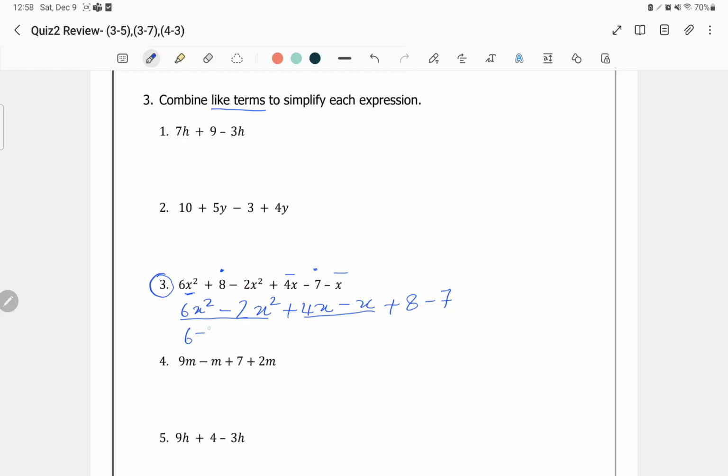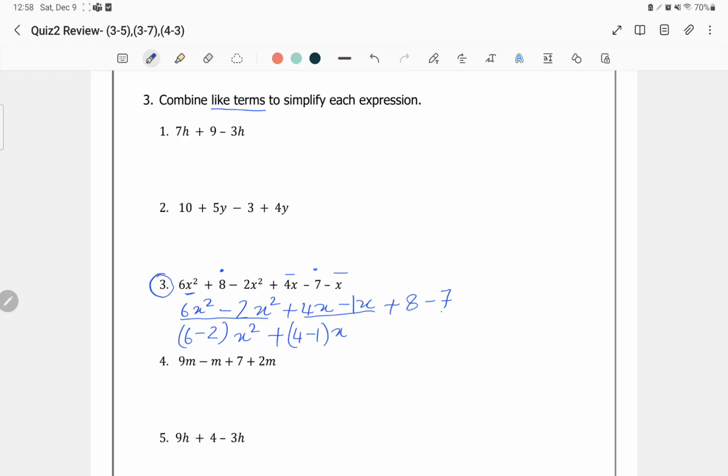So what you have here is 6 minus 2 x square, or x to the power of 2, plus 4 minus 1 x. You use again the distributive property of multiplication and take out the x common. Here I wrote 1 because it's minus x. Minus x means 1x, but we don't really write 1 because it doesn't make a difference and it still means the same value.